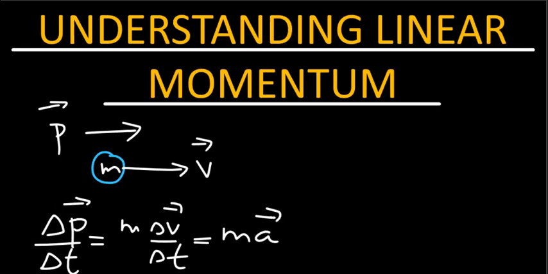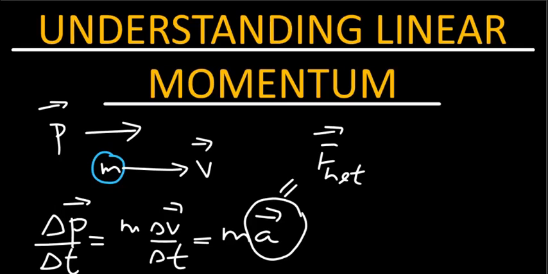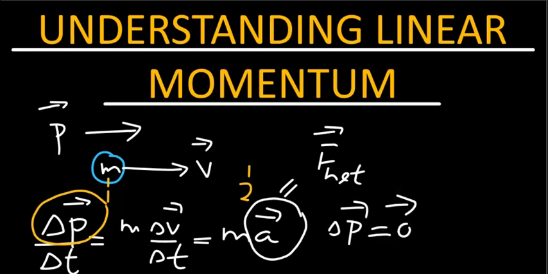And now we in turn know that acceleration is related to some kind of net force. So ma is net force, that is Newton's second law. What that means is, if this object is moving between 2 points, let's say point 1 and point 2, and its momentum does not change, so that means delta p is 0.